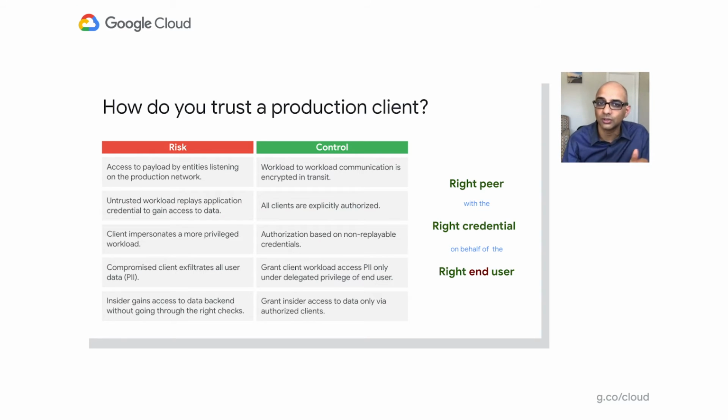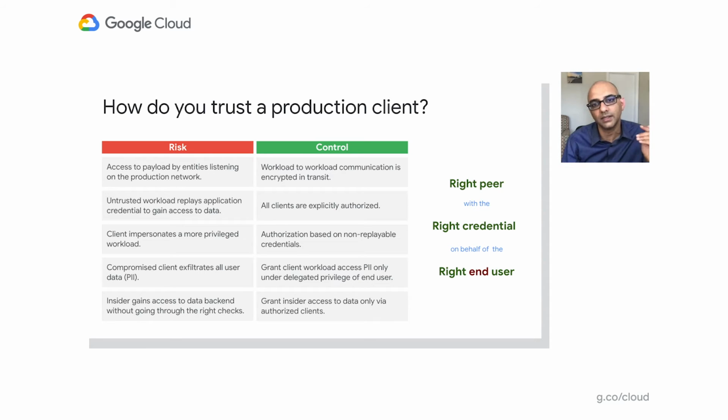We want to ensure that when we authorize a client, we are authorizing it based upon a non-replayable attribute of the client versus identifying the client through something like a token that itself can be replayed, right? Thus, we want to prevent impersonations by using something like an IP address or a credential that is based upon a cryptographically signed certificate, for example, that cannot be replayed.